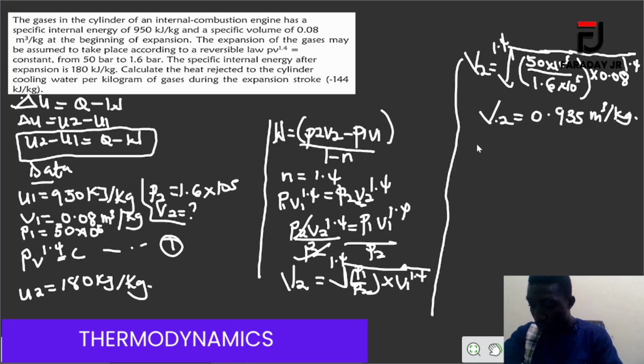Now it's time for us to find our work. Let's call this equation 2. Substitute into it, and you can factorize the times 10 to the power of 5 outside.